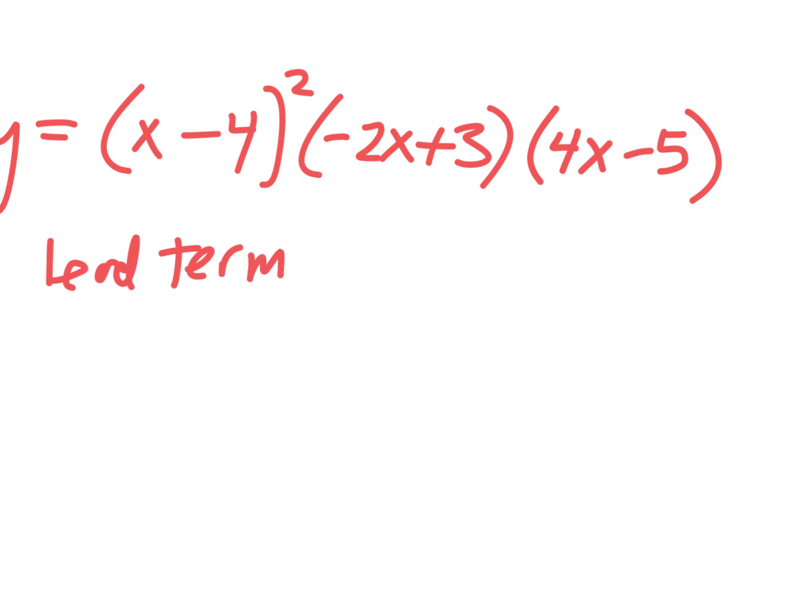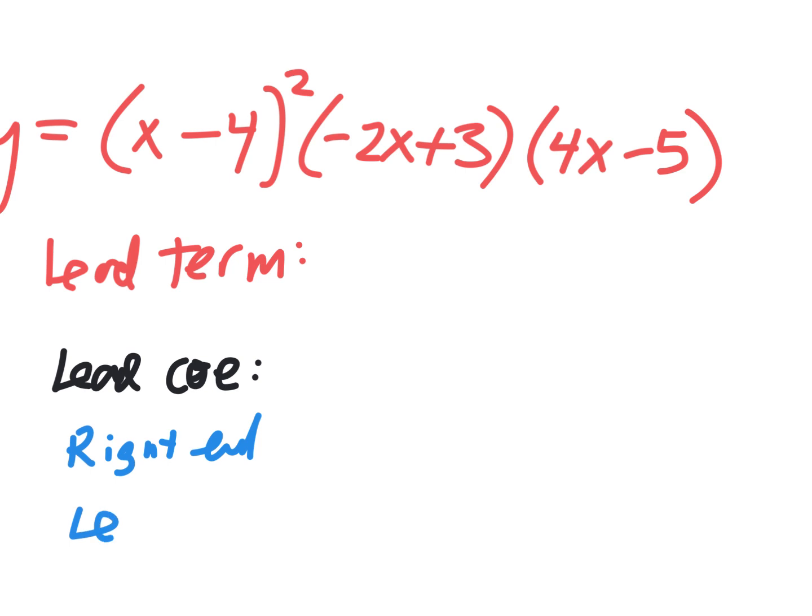Be careful. You don't have to actually multiply this all out. You have to just kind of act like you did and just tell me the lead term. And that should tell you the lead coefficient, which is part of the lead term. And then you should be able to tell me the right end and the left end. I'm not going to ask you to tell me the x-intercept because it's just too big of a number. It would be a really big number.